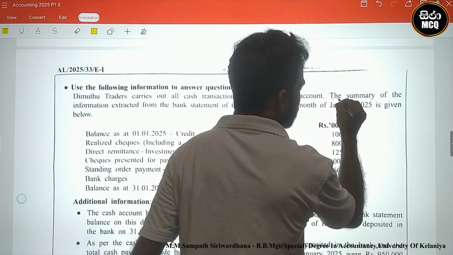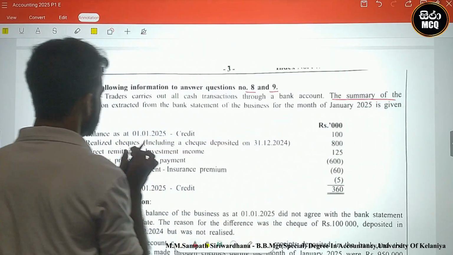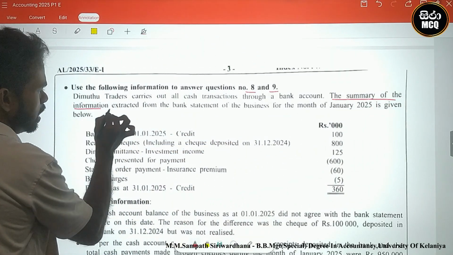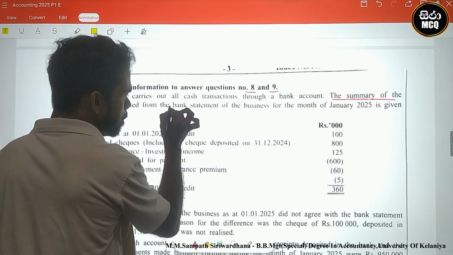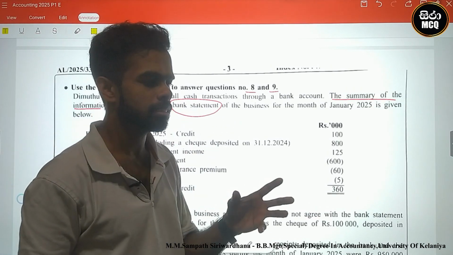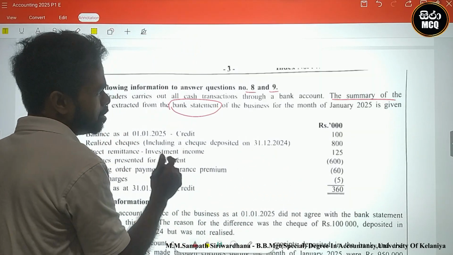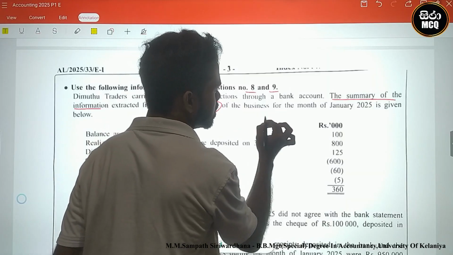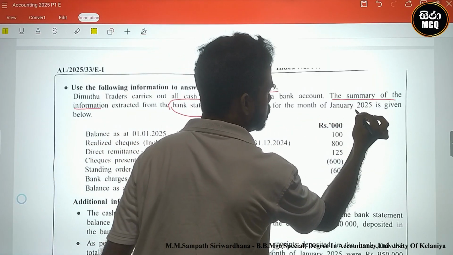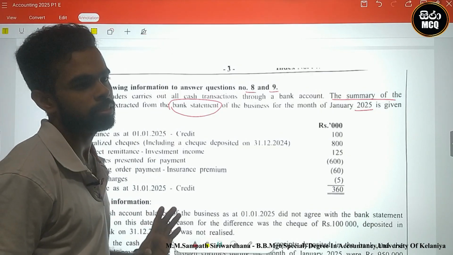Okay, look here, the summary of the information extracted from the bank statement. There is a People's Bank statement. Okay, the bank statement of the business for the month of January 2025.